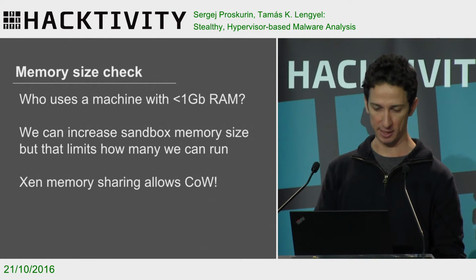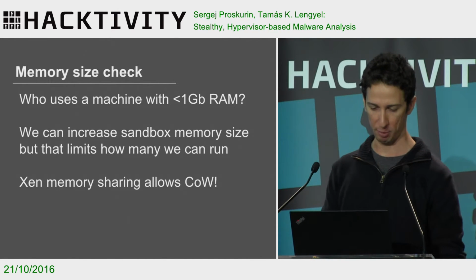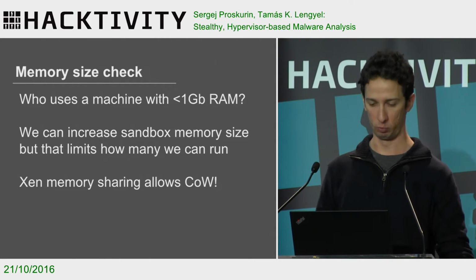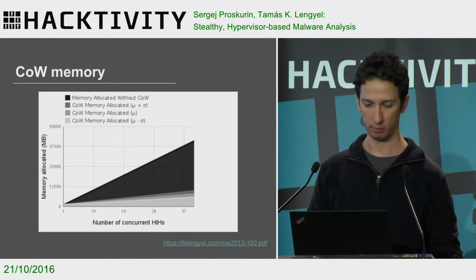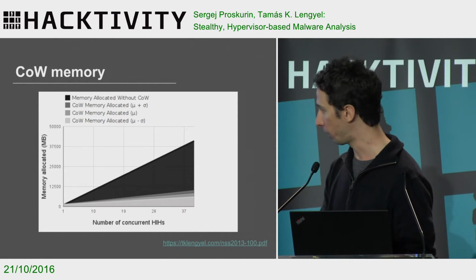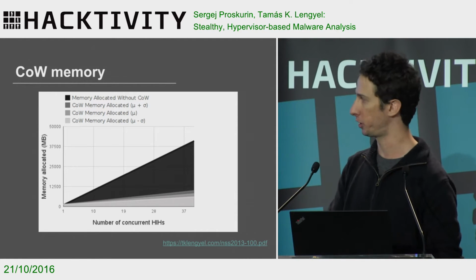But what's nice is that Xen actually has this feature called memory sharing, which is part of some other hypervisors as well. But with Xen, it's actually quite nice because you can go down really deep and do nifty stuff about it. So this is a graph from a paper I wrote where I ran high-interaction honeypots with memory sharing enabled.